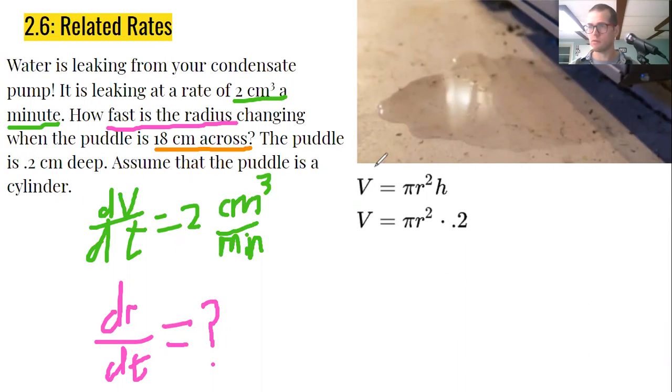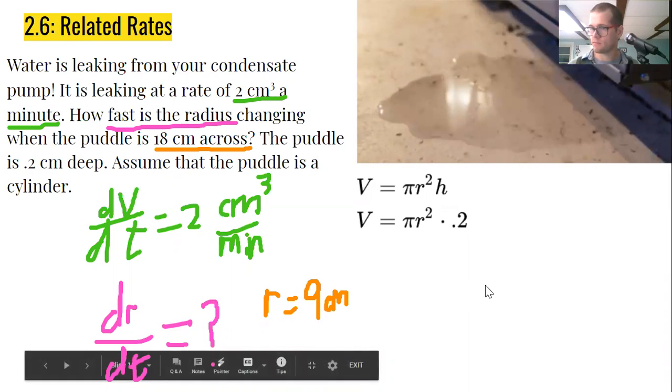Oh, where'd my mouse go? Oh, there it is. Or is the radius 9 centimeters? Those are all the things we know and want to know at the moment.